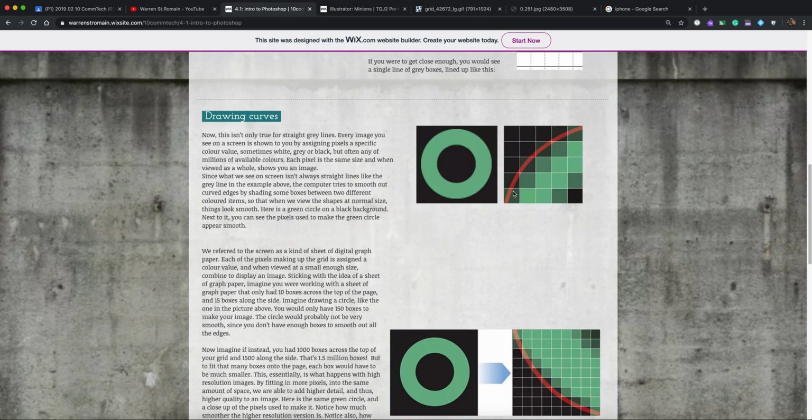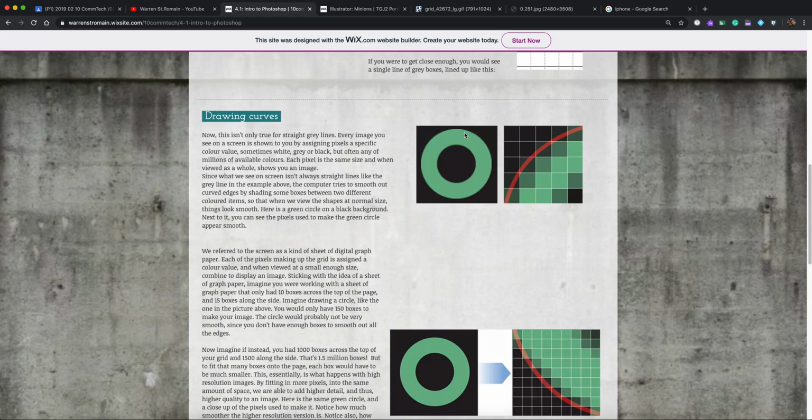Disregard this red line, it's just to demonstrate where the circle is. Notice that this is one color, that's one color, that's one color. A pixel can't be split in half. So if I'm trying to make a rounded image, the computer will blend the colors between black and green to give that smooth look. It's called anti-aliasing.